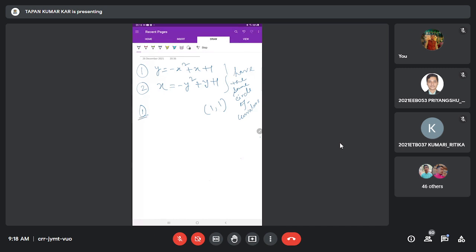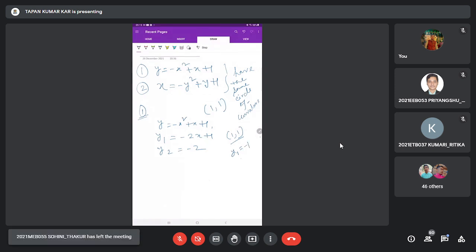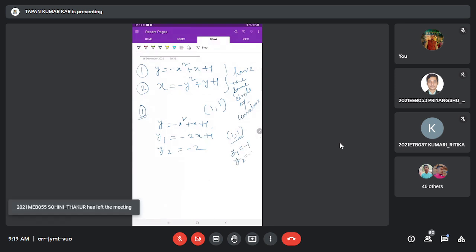So for the first, y equal to minus x square plus x plus 1. Then y1 equal to minus 2x plus 1, y2 equal to minus 2. At the point (1, 1), y1 equal to minus 1 and y2 equal to minus 2.